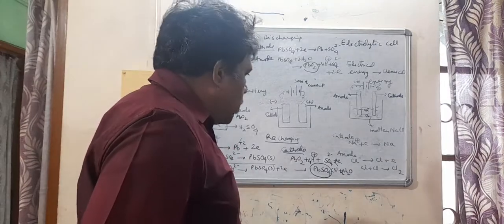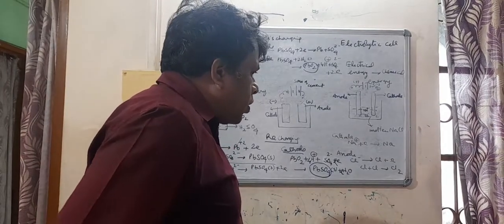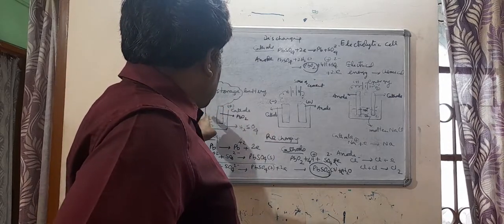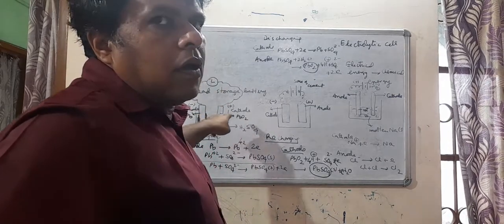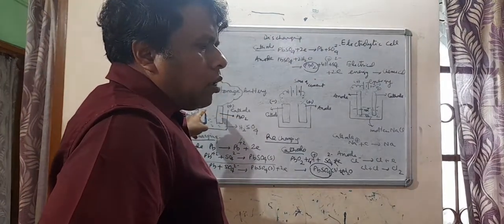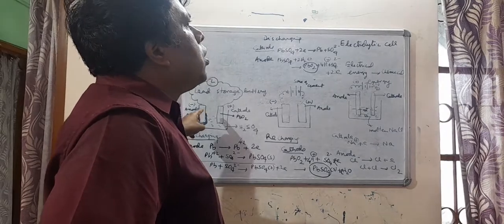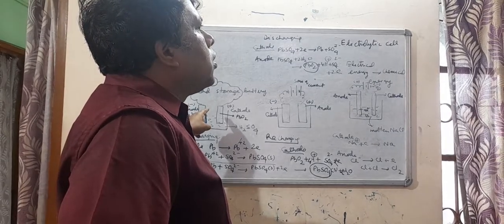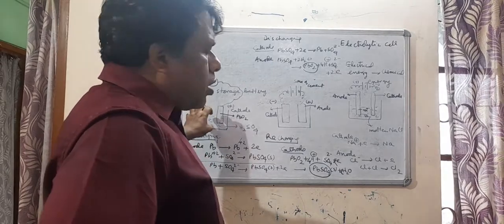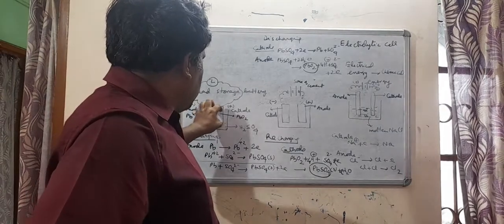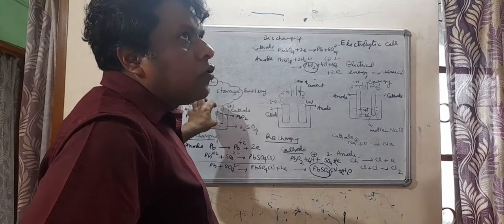Now, one thing is, in the lead storage battery, this gives us a voltage of 1.5 volt. No, I think it gives, I'm not able to remember properly. Anyway, suppose it gives a voltage of 2 volt.